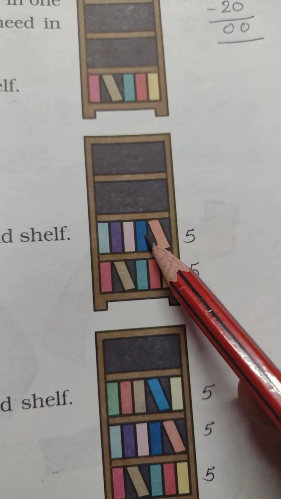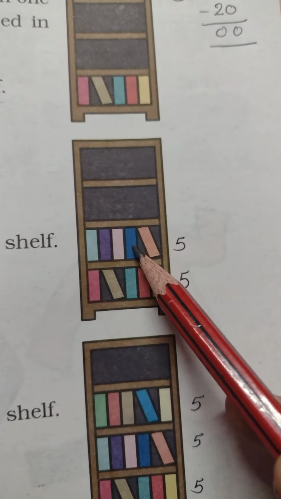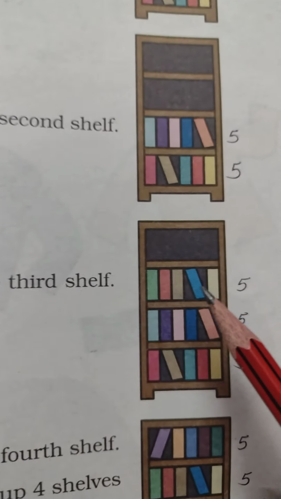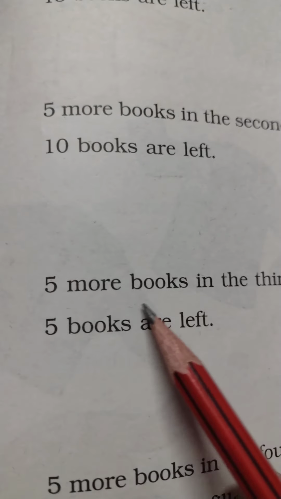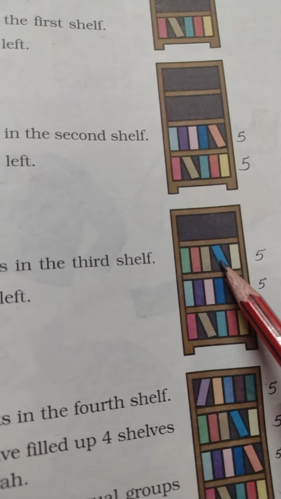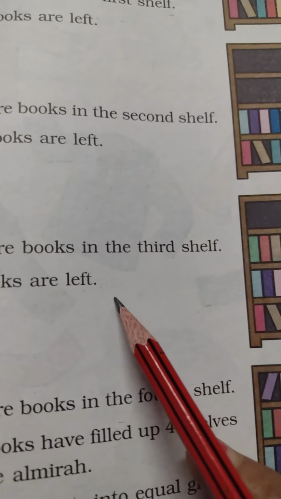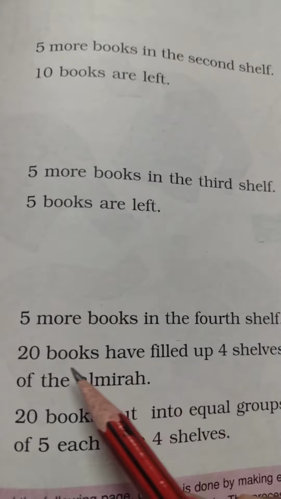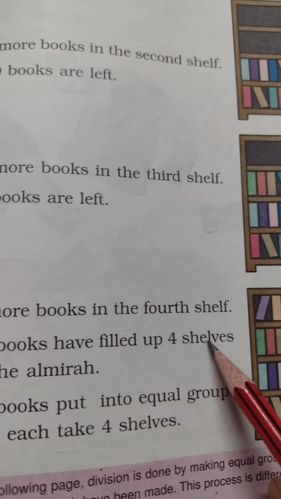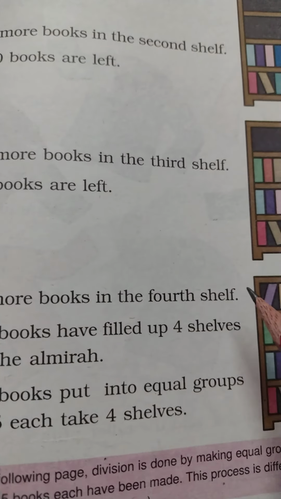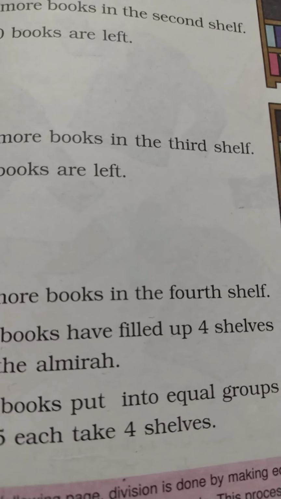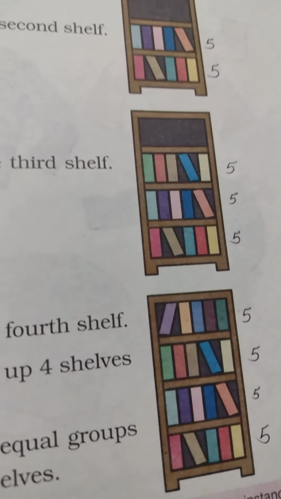Again 5 if I keep in the second shelf, how many books are left? 10 books left. If 5 more books in the third shelf, 5 books are left, and 5 more books in the fourth shelf, then 20 books have filled up in 4 shelves of the almari. So 20 books put in equal groups of 5 each in 4 shelves.